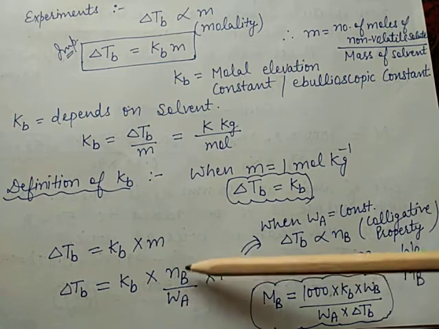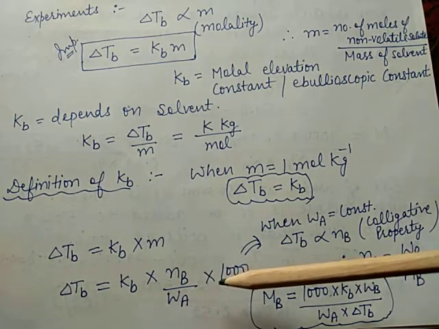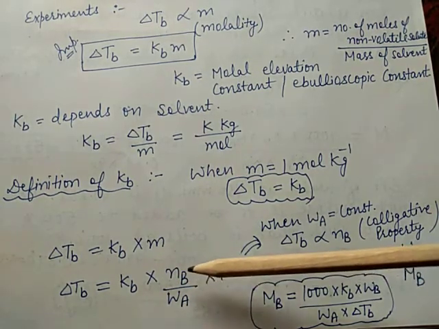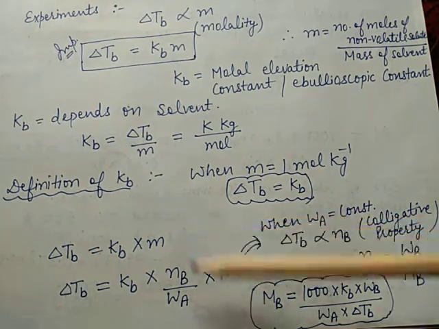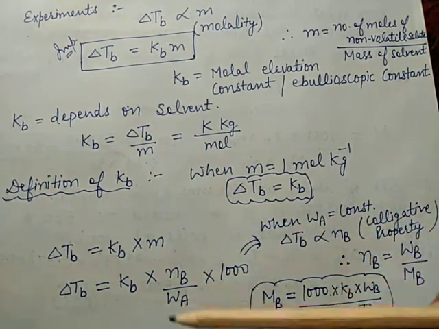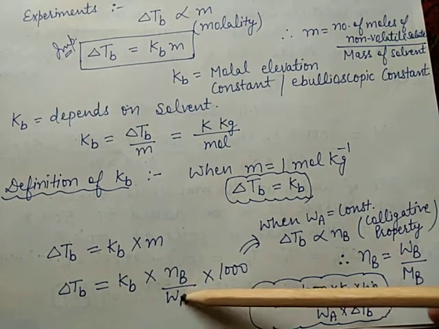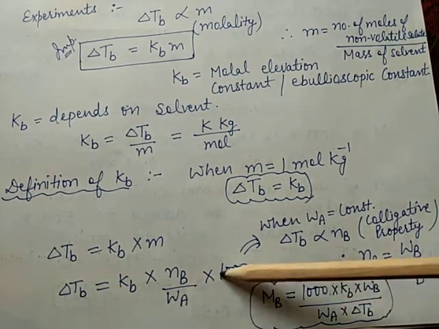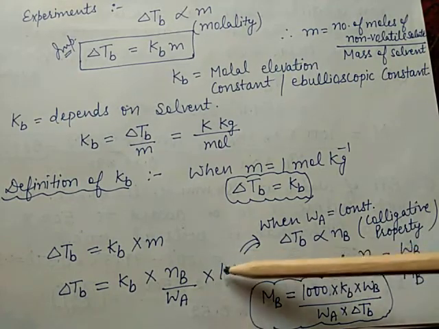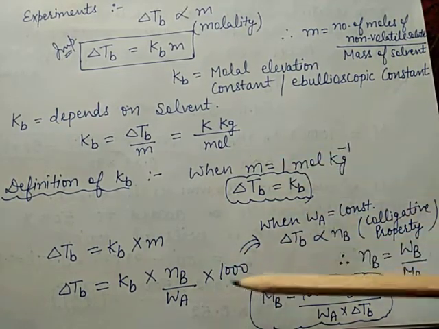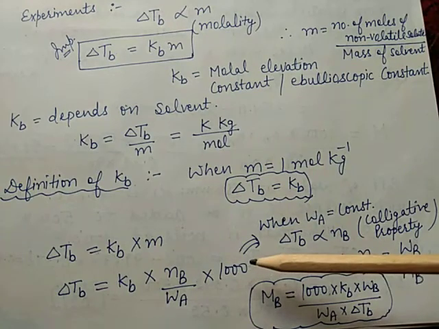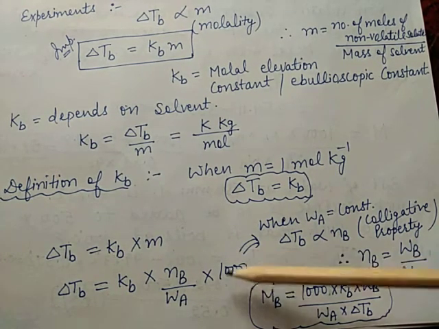Here Nb, how will you calculate the number of moles? Given mass divided by molar mass, that is Wb by Mb. Wa is the mass of solvent, Wa by 1000.